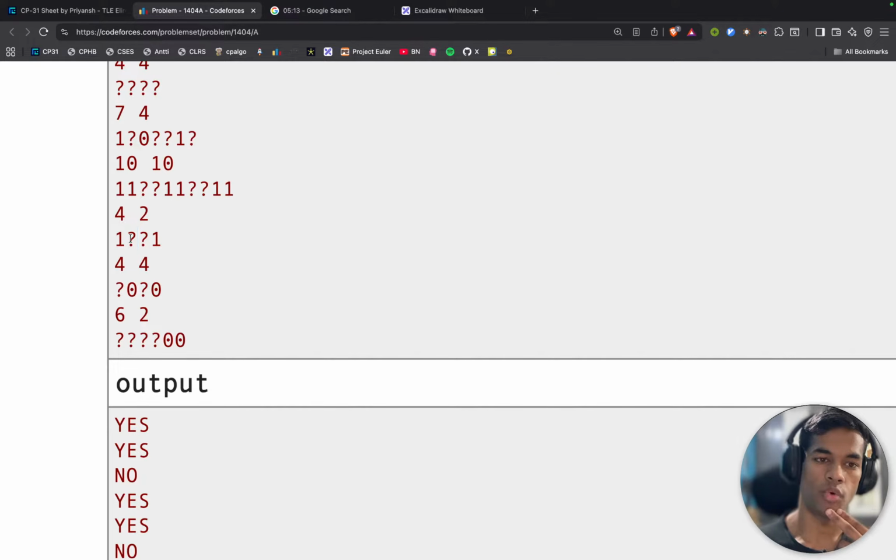When my left pointer goes out from this, I do not want to subtract 1 from my number of question marks. I think I don't even have to do that, because if I have already gone through a question mark and I'm not considering it anymore, then I must have changed it to some value, and I would have already reduced 1 for that question mark from my count.